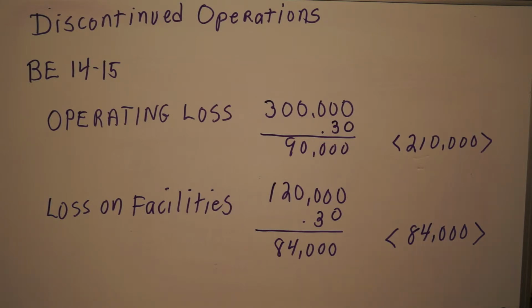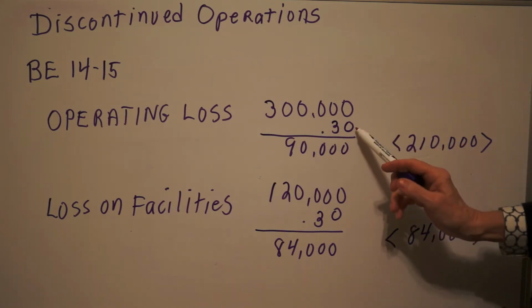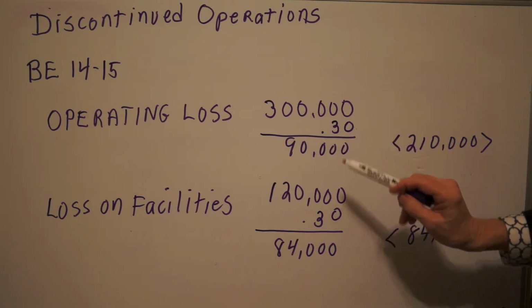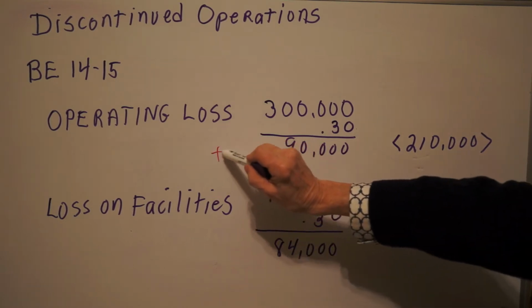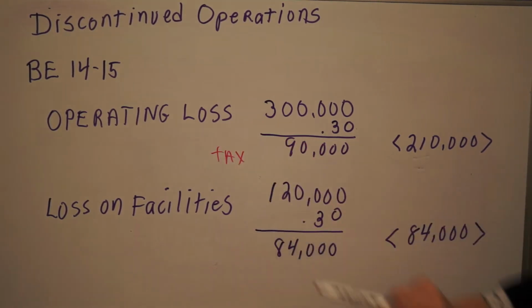Well, in brief exercise 14-15, they have an operating loss on this division they sold. In other words, they sold it partway through the year. It had been operating, and it was operating at a loss. So we take the loss, which is the $300,000, times the 30% tax rate, and this would give us our taxes on that. This is the tax amount here.